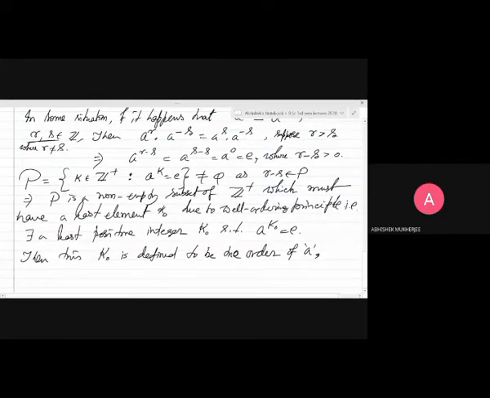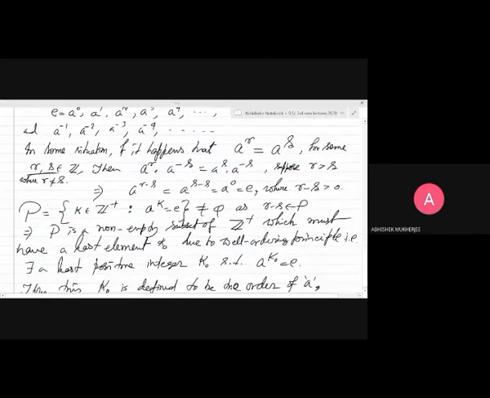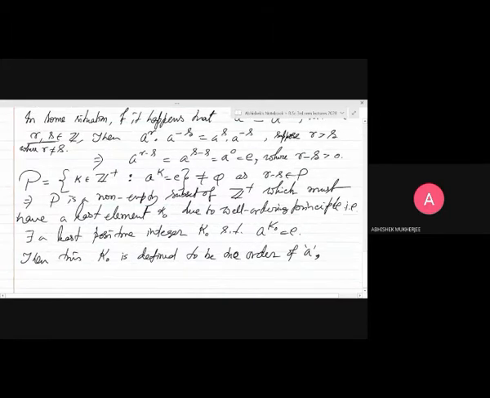So the condition was that you need to have one positive integer for which a to the power k is identity, and then it gives you one least positive integer k0 for which a to the power k0 is identity, and this k0 will be the order of the element, right?